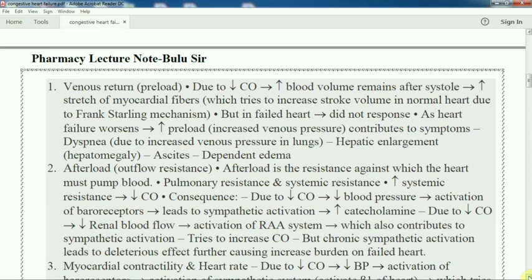So what happens in the case of afterload? Afterload is the resistance against which the heart must pump blood.